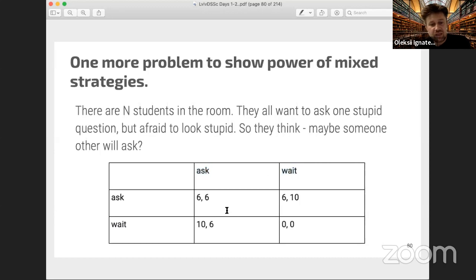And if they both ask, they get a payoff of 6. And if one waits and the other asks, then the one who waits gets 10, because he doesn't look stupid, and the other who asks gets 6. And if nobody asks questions, then they get 0.